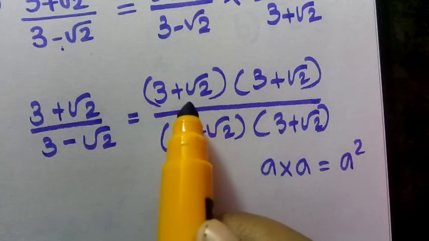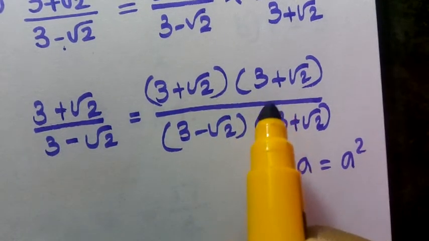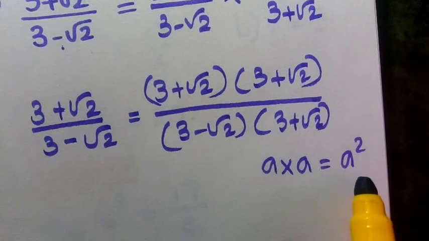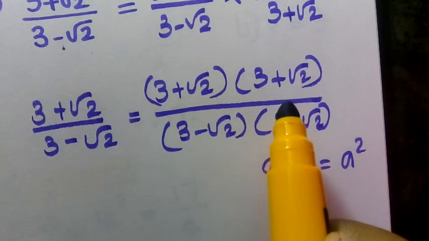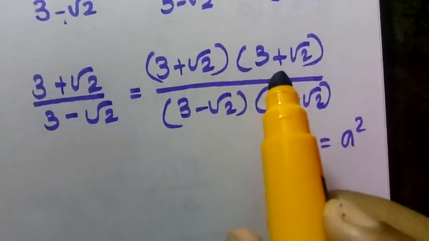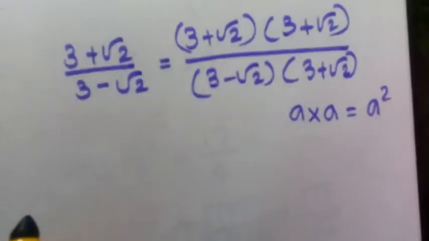So what is (3 + √2) into (3 + √2)? If a into a is equal to a square, then (3 + √2) into (3 + √2) is equal to (3 + √2) the whole square. Is it not?